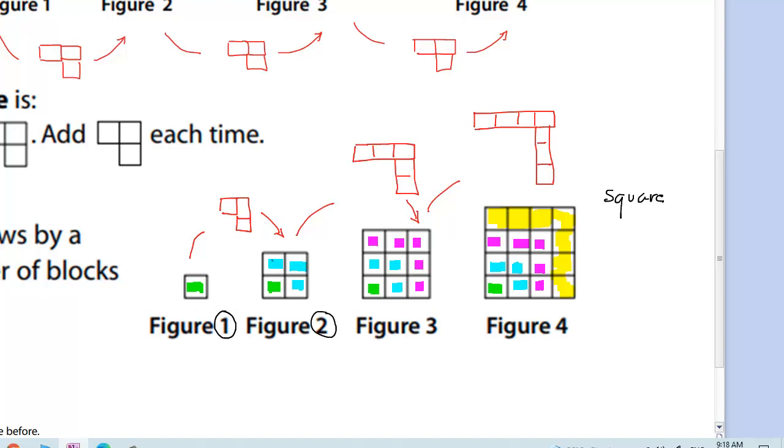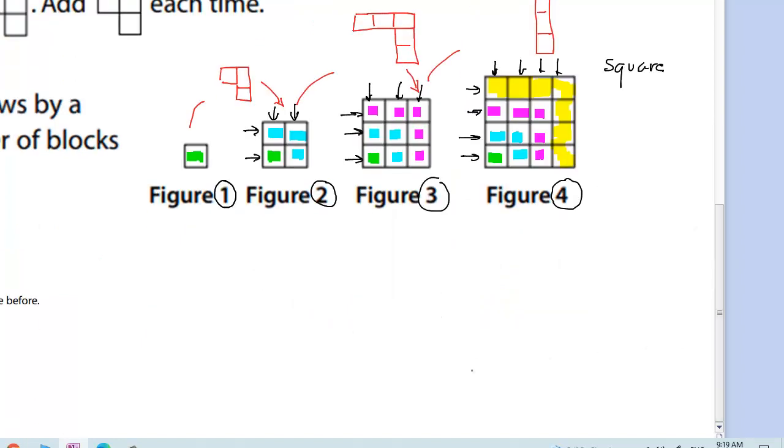In figure 2, I have 2 columns and 2 rows. In figure 3, I have 3 columns, 3 rows. It's a nice square. In figure 4, I have 4 rows and 4 columns.